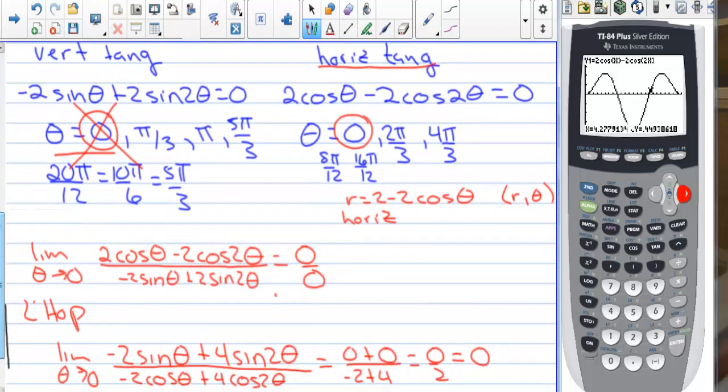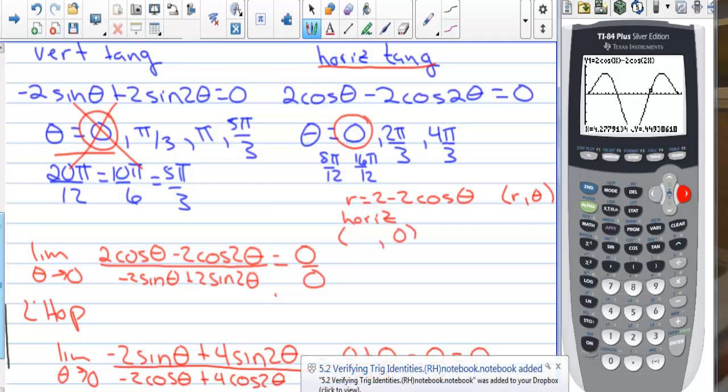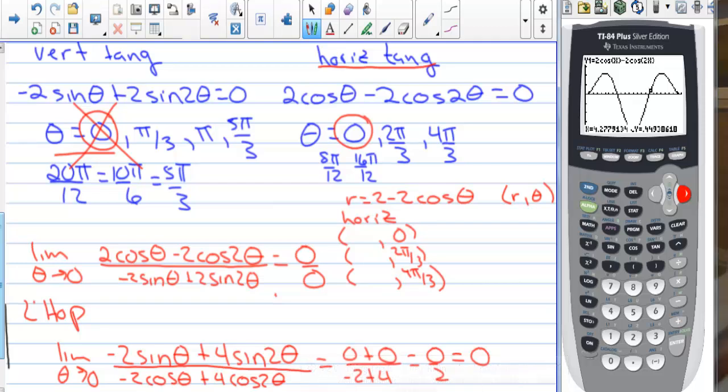Horizontal is over here, and that's something comma 0, something comma 2 pi over 3, and something comma 4 pi over 3. So we have to plug these values into the function. We have for this one 2 minus 2 cosine of 0. Cosine of 0 is 1, so this is the point 0, 0. Then we have 2 minus 2 cosine of 2 pi over 3. And the cosine of 2 pi over 3 is negative 1/2.